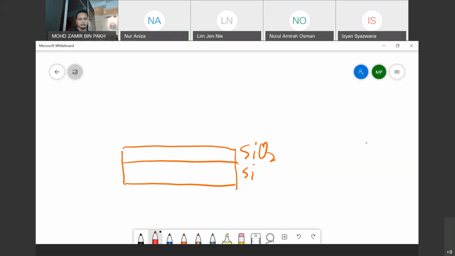So to be able to pattern your SiO2, you still have to have your resist on. So you need to have your resist pattern first. Resist. I put R here. Then only you can do the etching of SiO2 in the exposed area, okay? Then only you can remove this part.